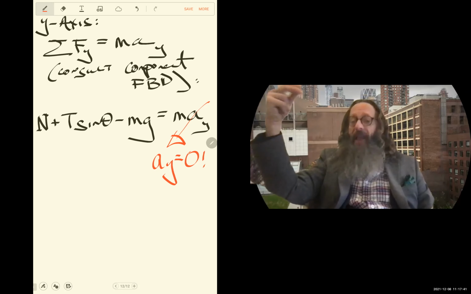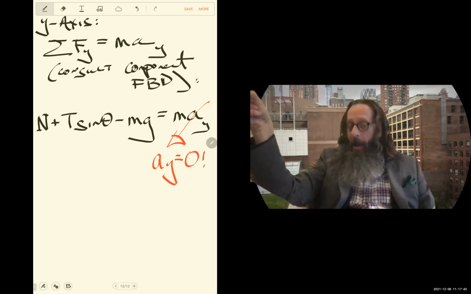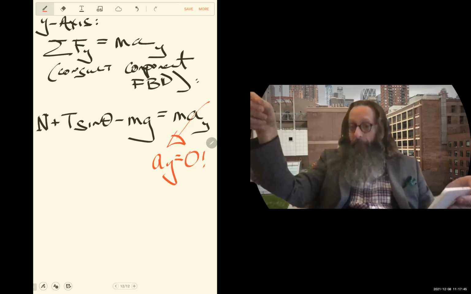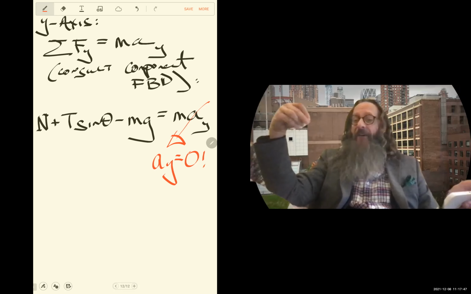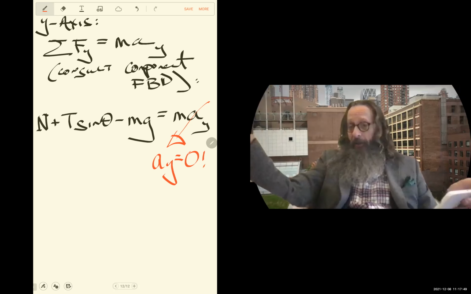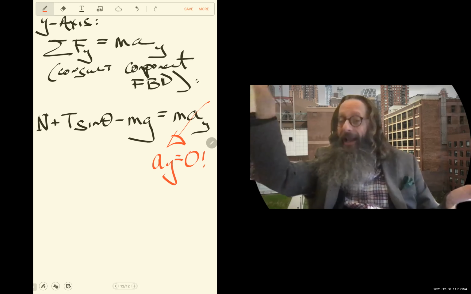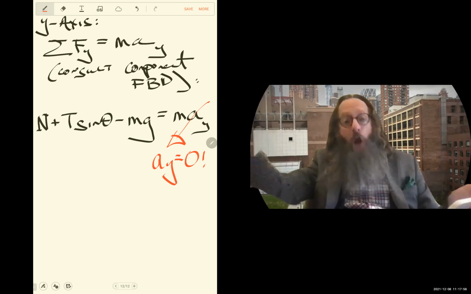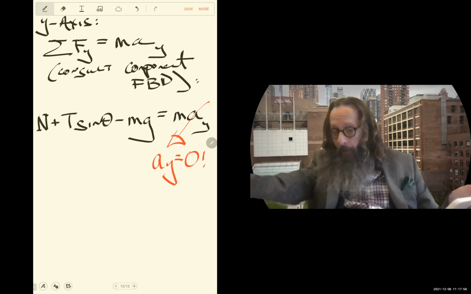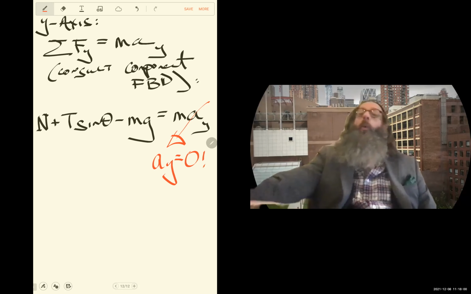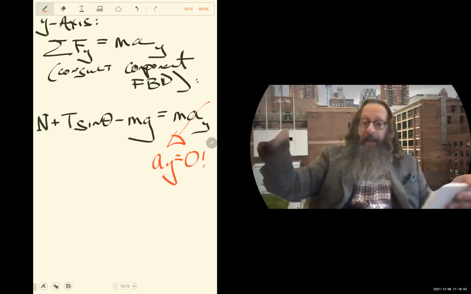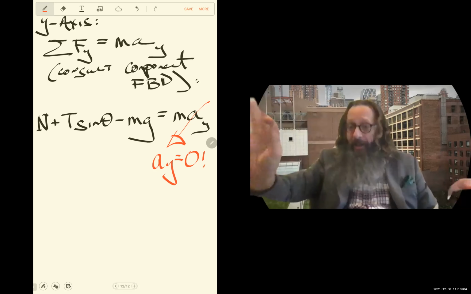Ultimately, we're using all the F's in order to solve for A. But secretly, what's really happening in most Newton's law problems is we're using all the F's along the x-axis to solve for A along the x-axis, but we're getting some of those F's by first looking at the y-axis where we know the A to be 0. And from that, we infer forces like that. So all the information really matters.